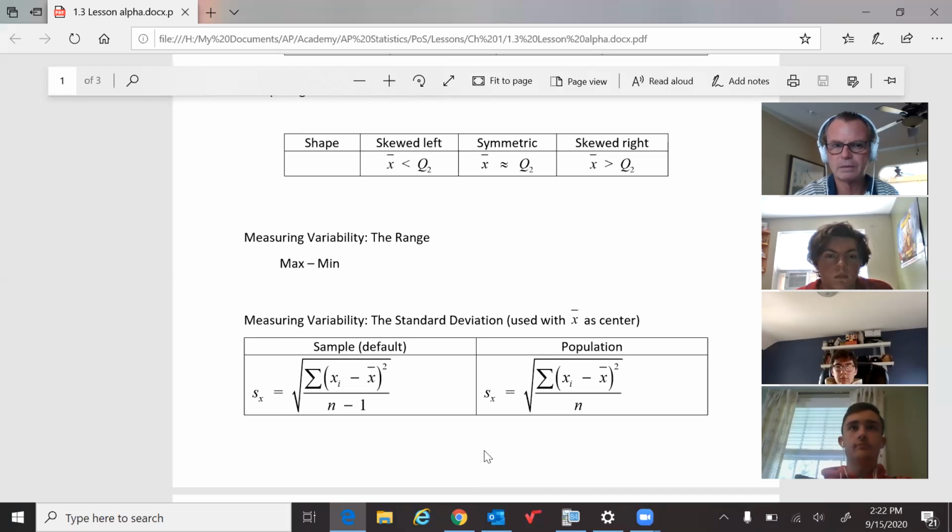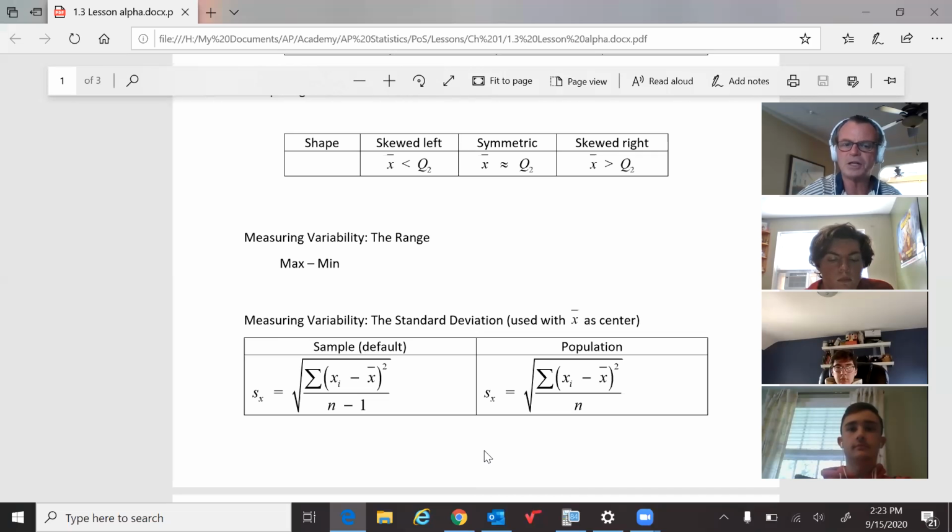But if you're not focused on this, and we get to May, and you write some flowery paragraph about describe, you're just wasting everybody's time. It's not a language arts class. Get to the point. Center, shape, spread. Compare just two distributions. You identify, you quantify the center, shape, and spread of each of them. That's what it means to compare them.